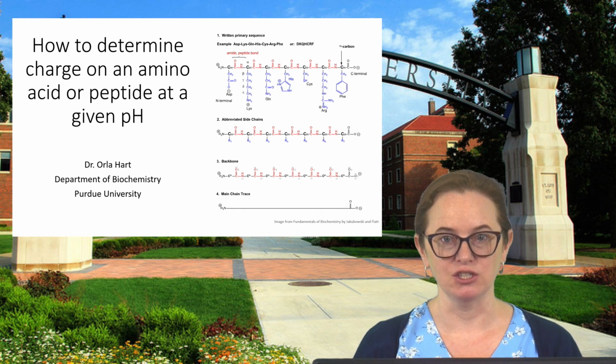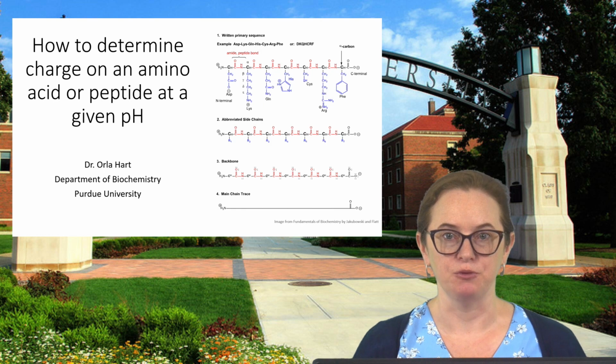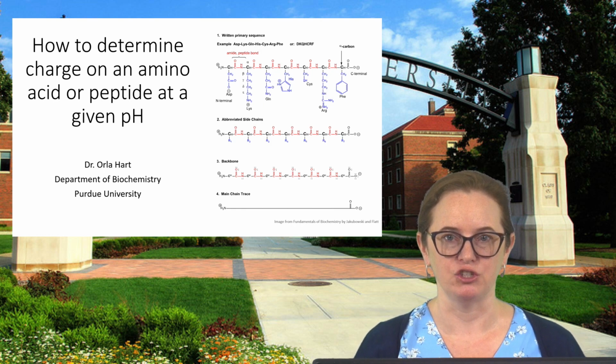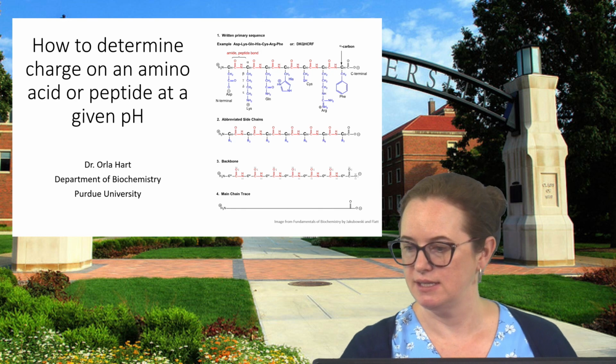However, if you are being asked to determine the charge, then you can use your abbreviated versions, whatever works for you. The other thing I want to mention is that we're going to do some pretty simple examples here, just to keep it nice and high level. You can, of course, determine partial charges on amino acids and peptides, but we're going to stay away from those examples for the purposes of this video.